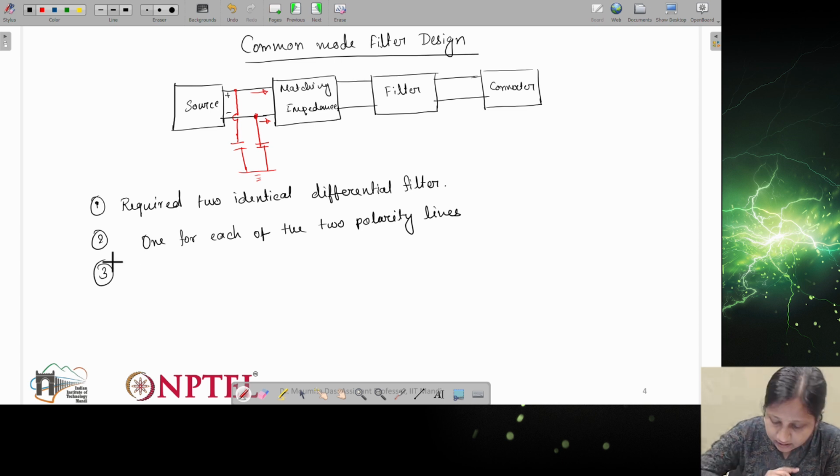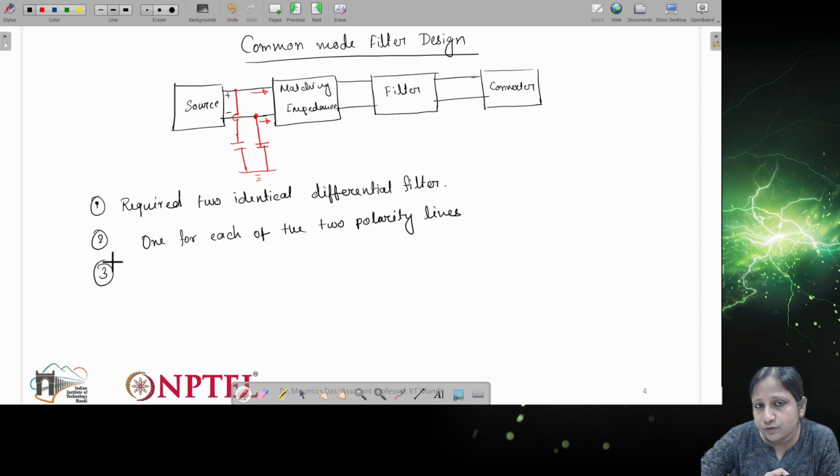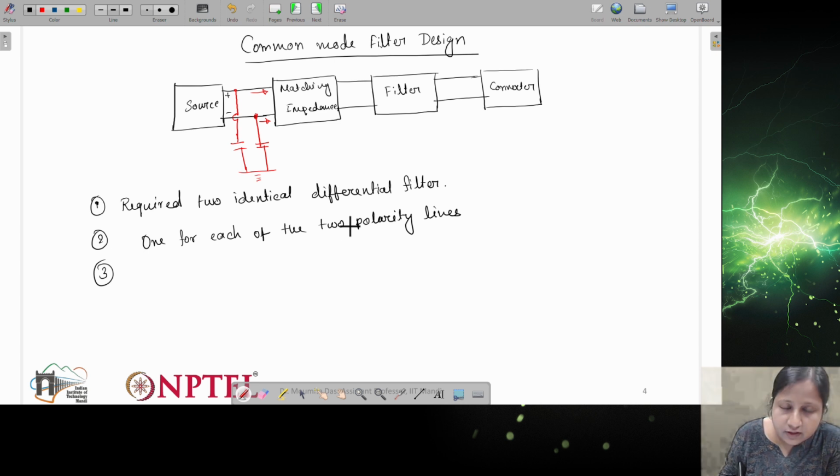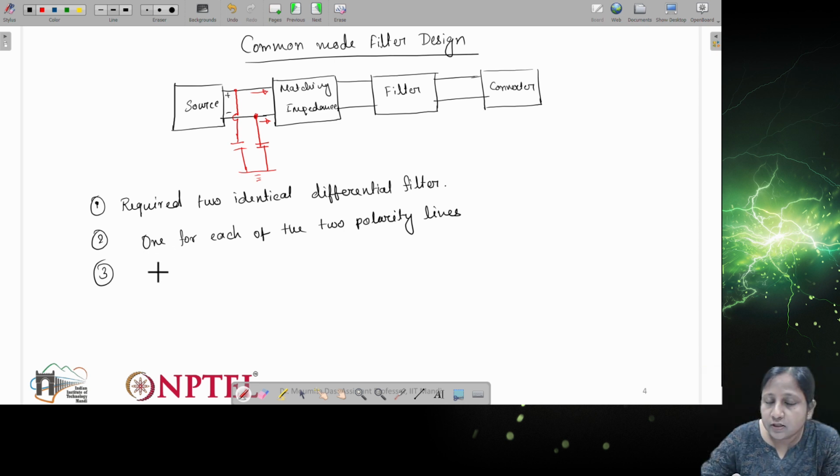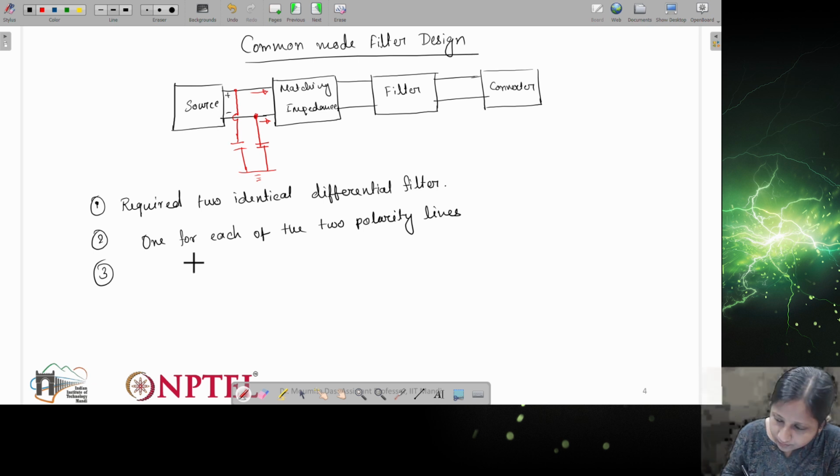The third thing is that we are considering two filters, but two identical filters. The inductor, if we are considering, should be mounted in the same core.